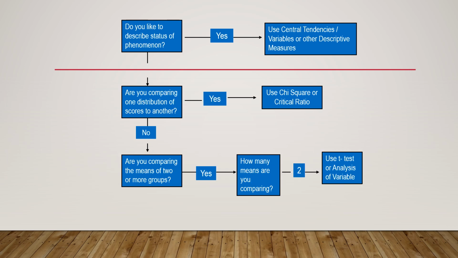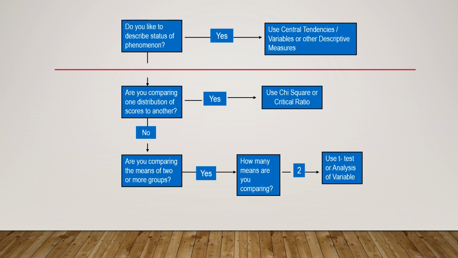Let's try this. What statistical tool are you going to use? The question: do you like to describe status of phenomenon? If the answer is yes, use the central tendency or variability or other descriptive measure. If the answer is no, let's move on with the second question.